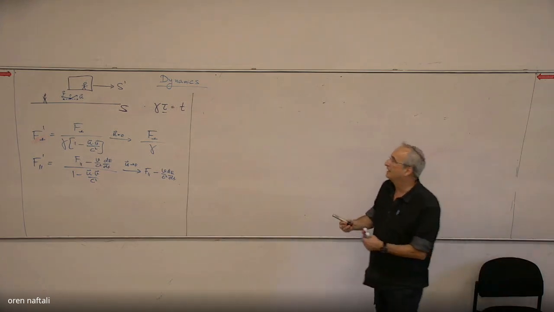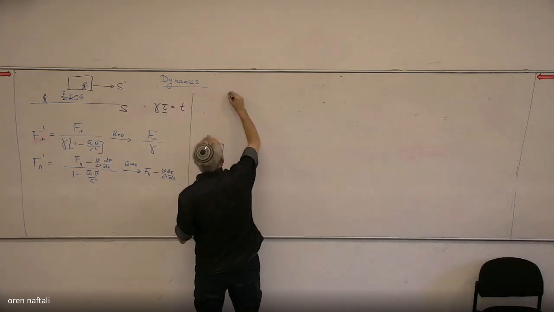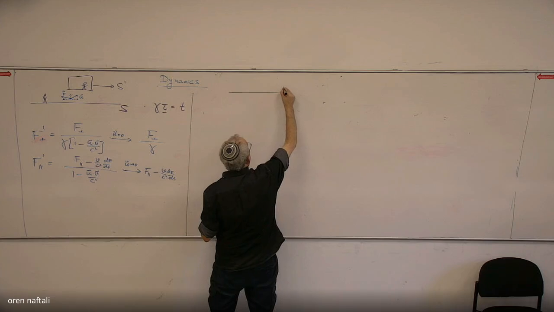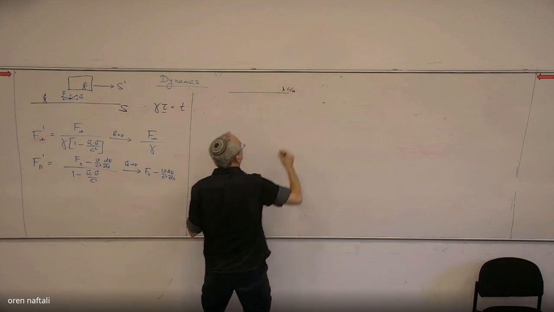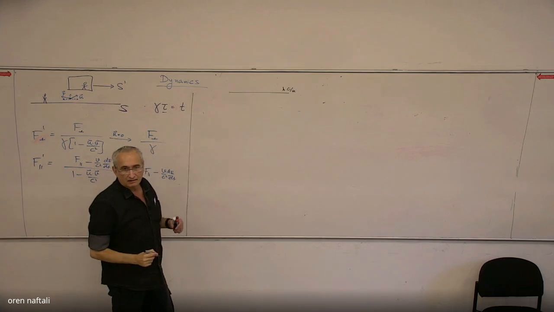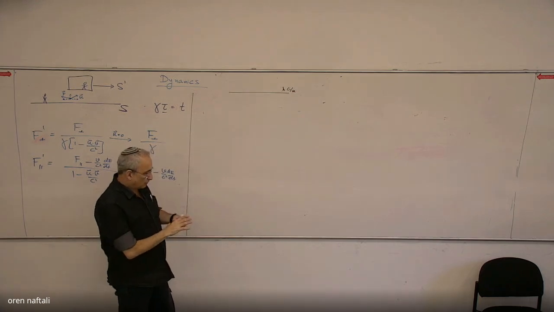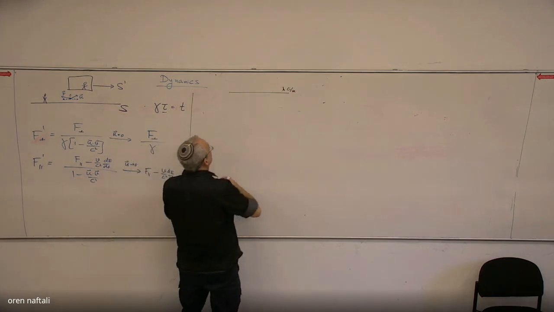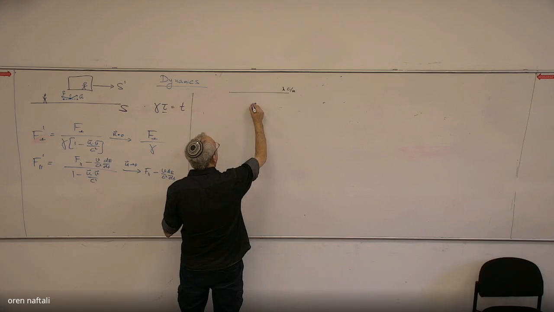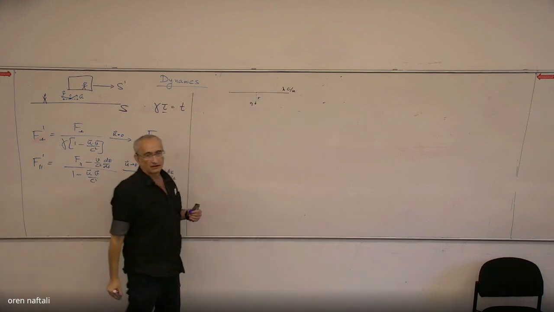In S, I have an infinitely long wire charged with lambda coulombs per meter. And I put a charged particle of charge Q here at a distance r from that wire.